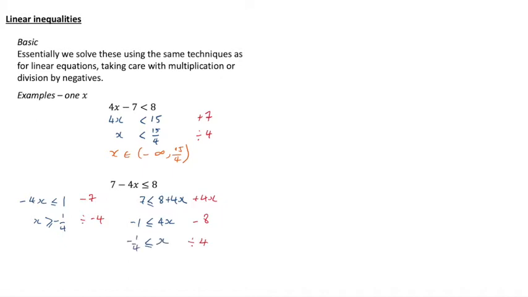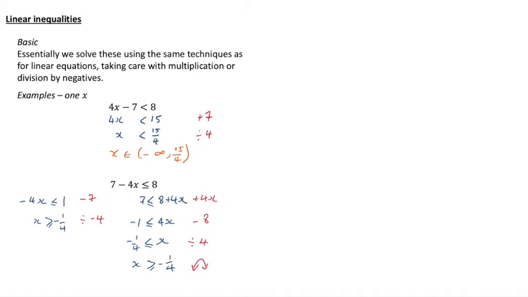Divide by 4, minus 1 over 4 is less than or equal to x. And although we can read from that that x is therefore greater than or equal to minus 1 over 4, if we were writing this in some sort of exam, we'd want to finish off by swapping the whole thing round, which gives us x is greater than or equal to minus a quarter.